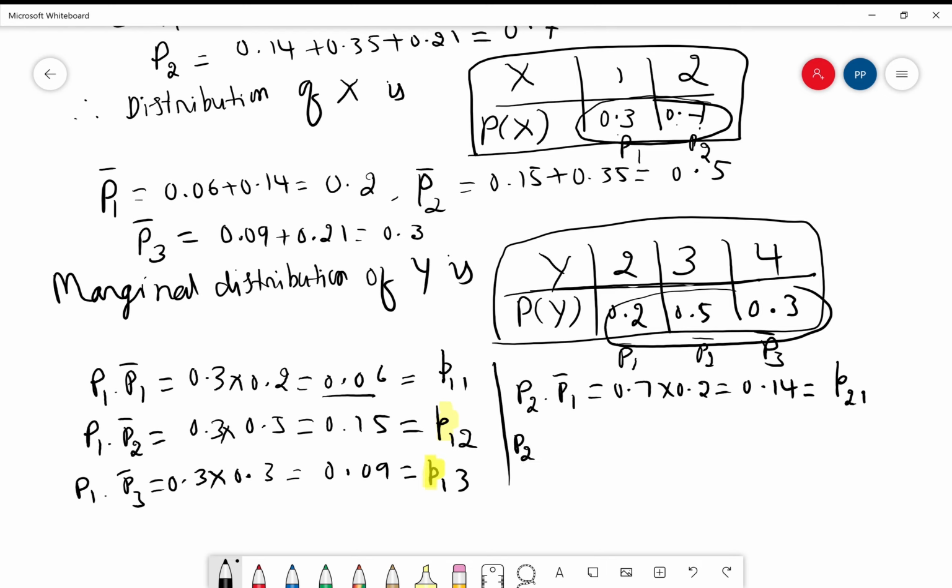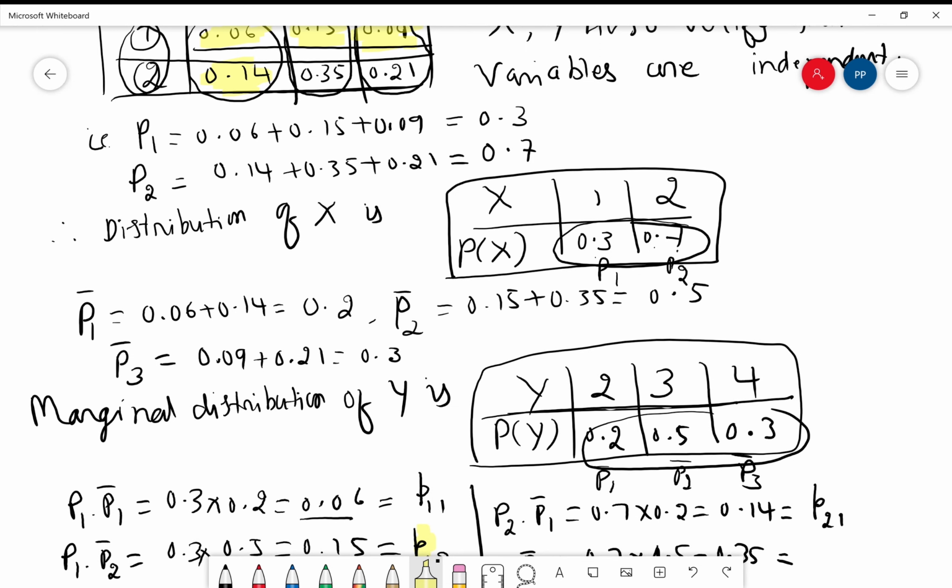So P2 into P2 bar equals 0.7 into 0.5, which is 0.35, which is equal to the value we find here, 0.35.